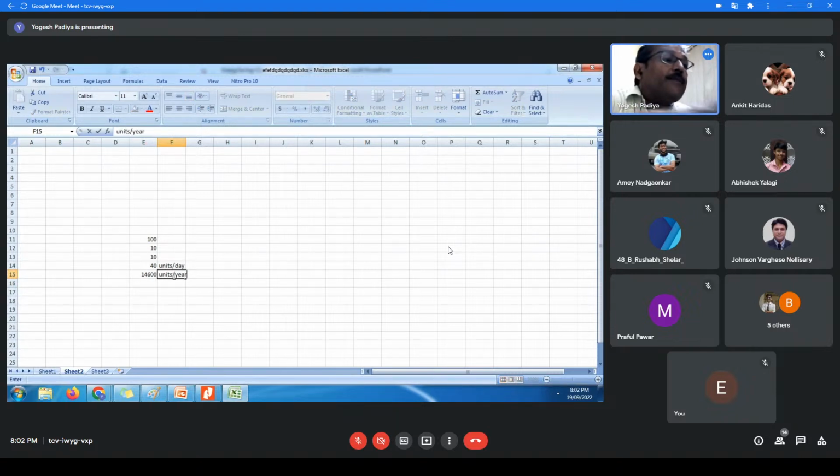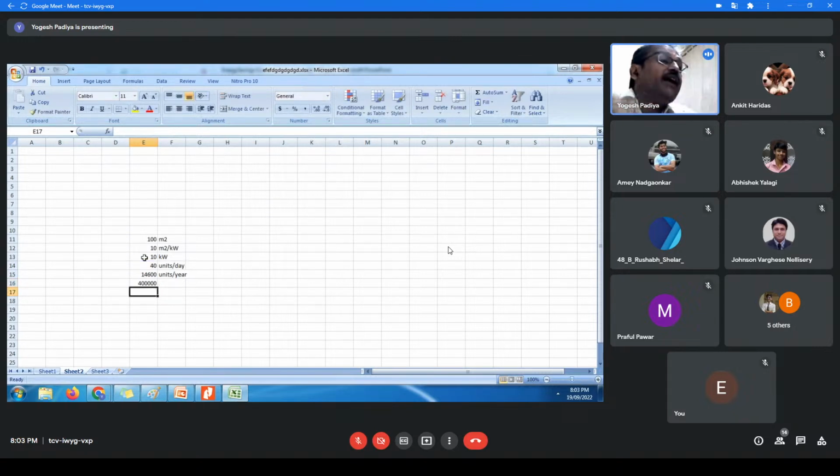Right? So a 10 kilowatt panel. I have a land area of 100 meter square, and 10 meter square per kilowatt is the area required, so I can have a load of 10 kilowatt. Now the cost is 40,000 rupees per kilowatt.